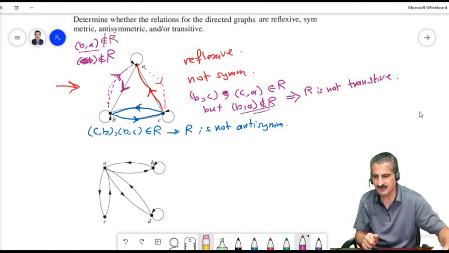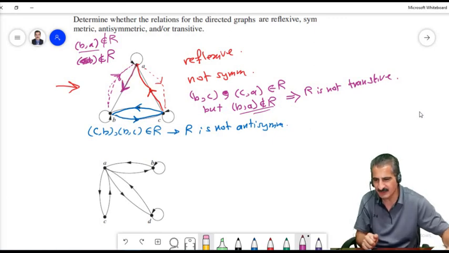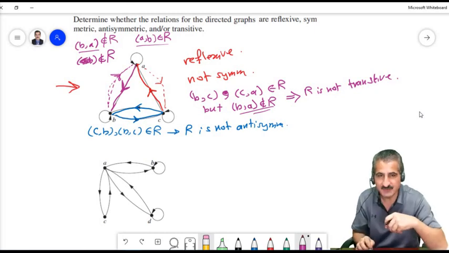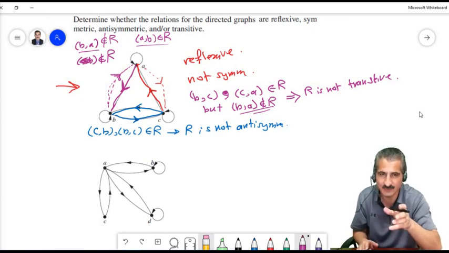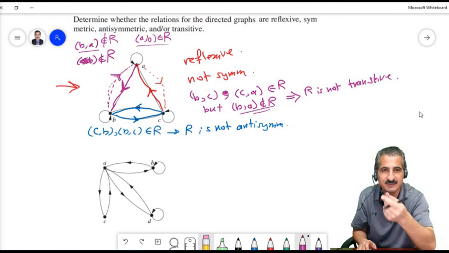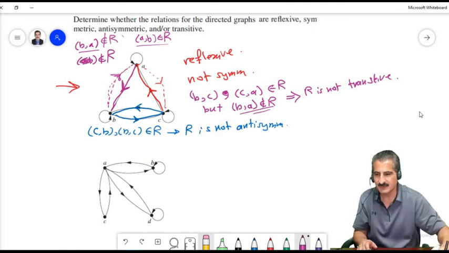This arrow exists, going from A to B. That means A is related to B. But there is no arrow that starts with B as the initial point and goes to A. So B is not related to A.